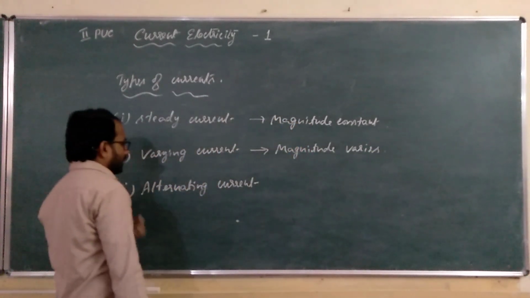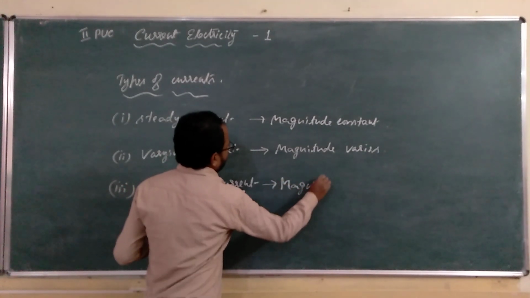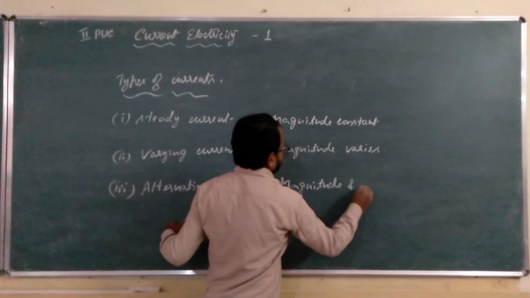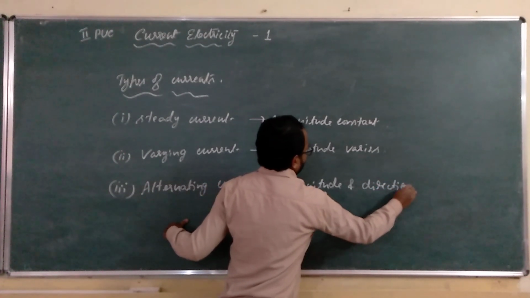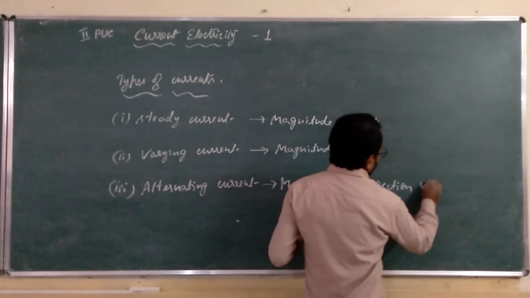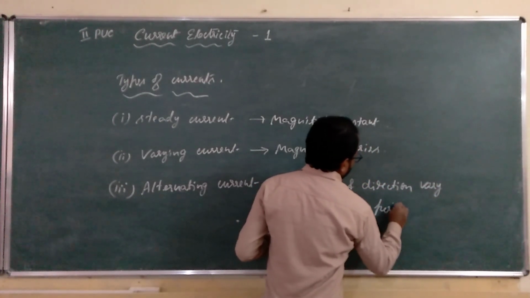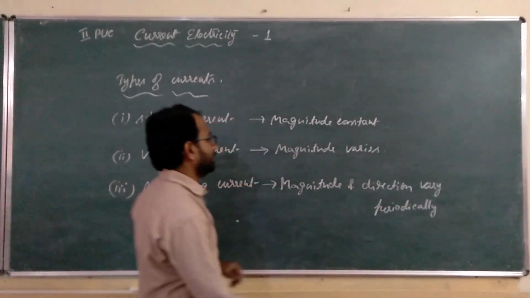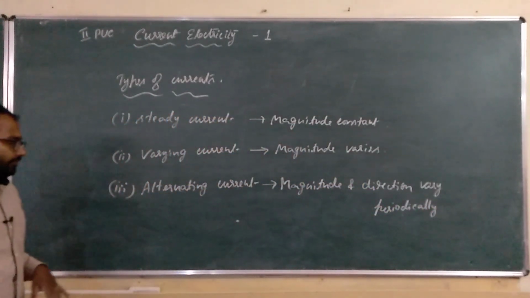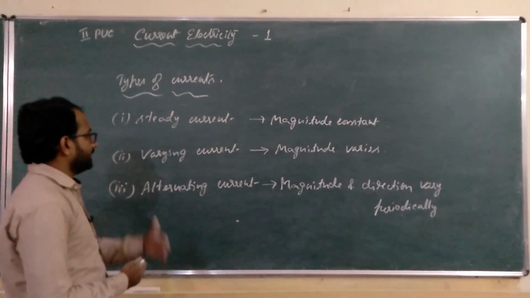What about alternating current? Here the magnitude and the direction vary periodically. If the magnitude and direction of a current vary periodically, then such current is called alternating current.